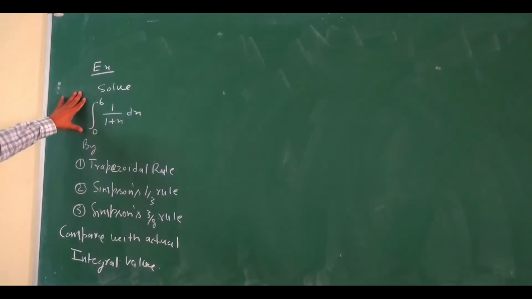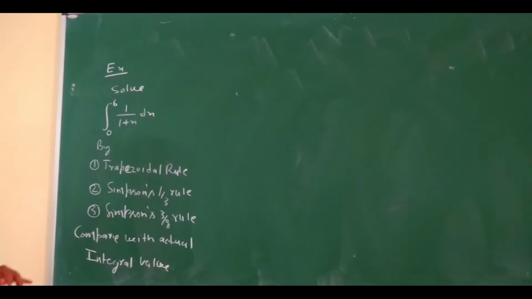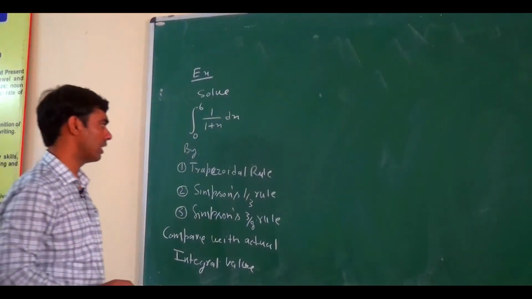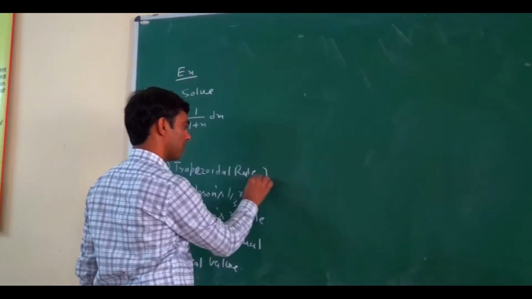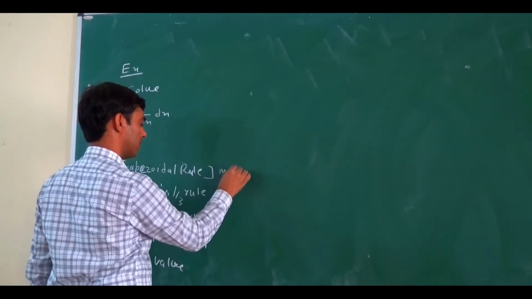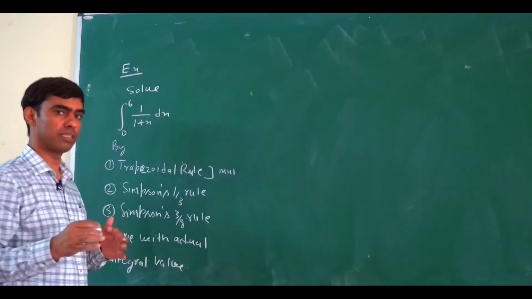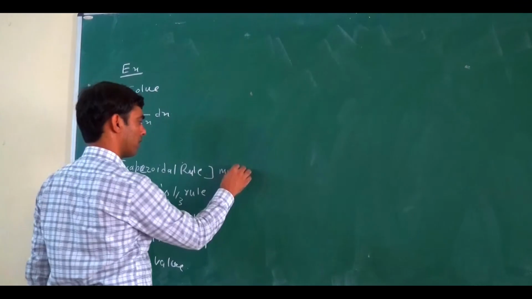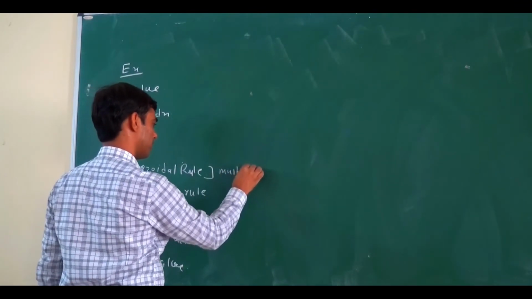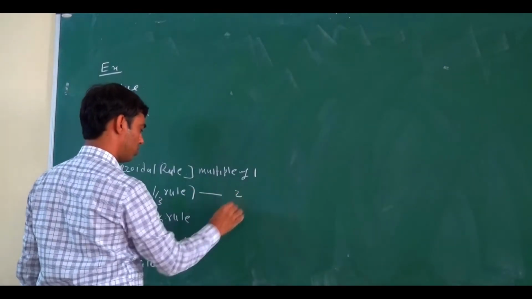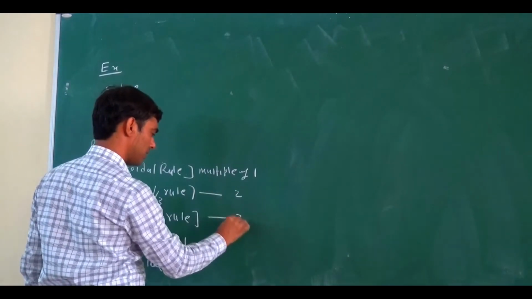So we try to solve the integration from 0 to 6 of 1 upon 1 plus x dx by the trapezoidal rule, Simpson 1/3 rule and Simpson 3/8 rule. As we know, for the trapezoidal rule the number of intervals n is a multiple of 1, for Simpson 1/3 it is a multiple of 2, and for Simpson 3/8 a multiple of 3.